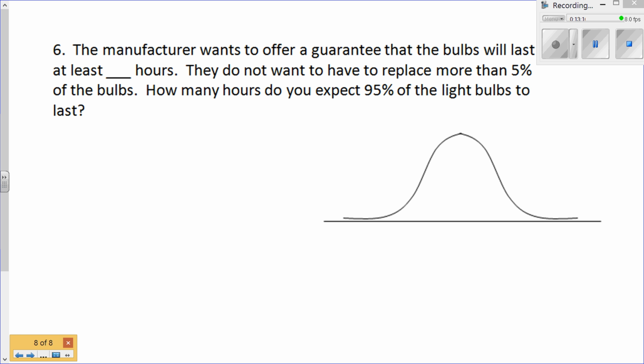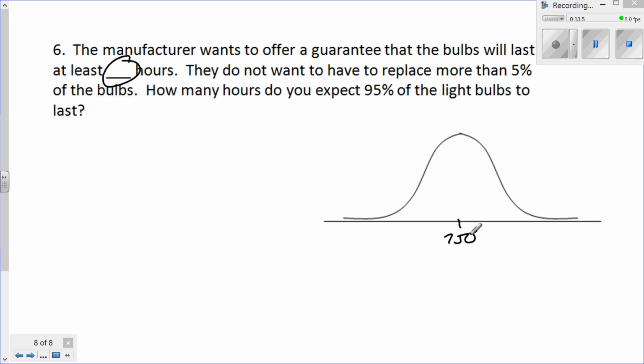And this one's a little bit different. The manufacturer wants to offer a guarantee that the light bulbs will last at least X hours. They don't want to have to replace more than 5% of these bulbs under that guarantee. So which number of hours do they need to guarantee so that only 5% are going to burn out before then? We'd want 95% of the bulbs to last more than that. Think of it this way. We know that the average lifespan is 750 hours.